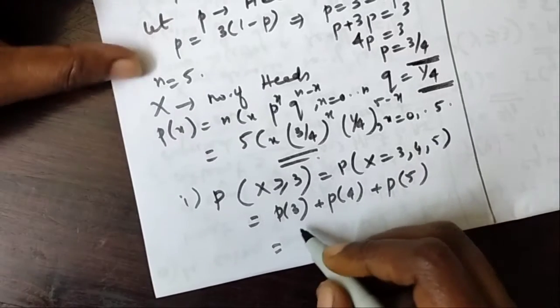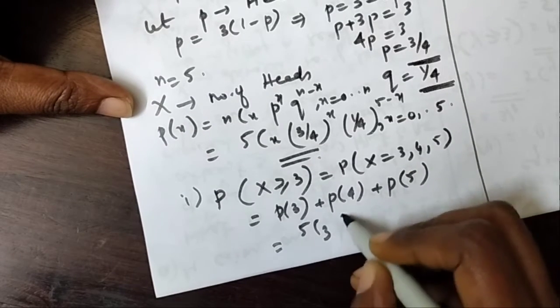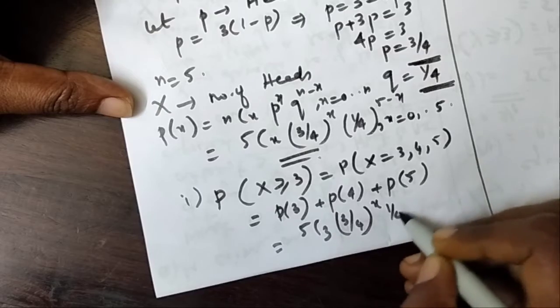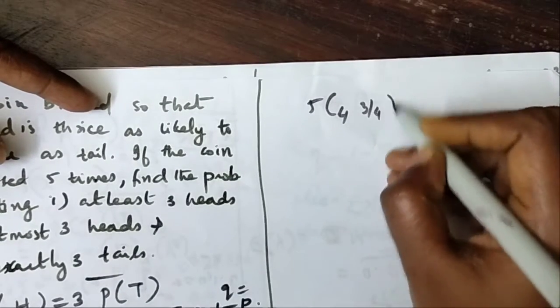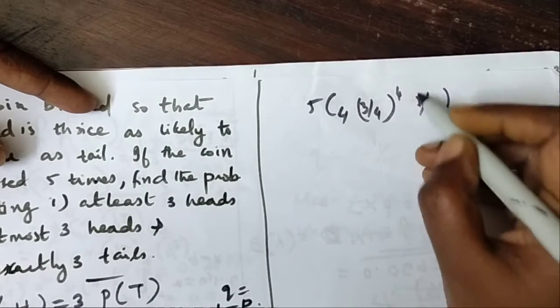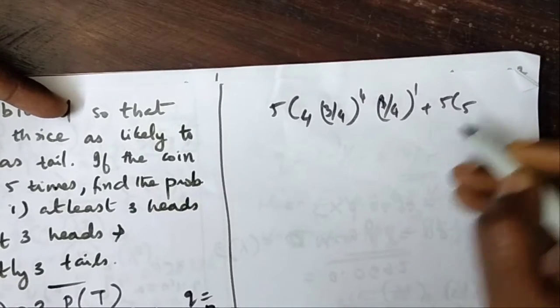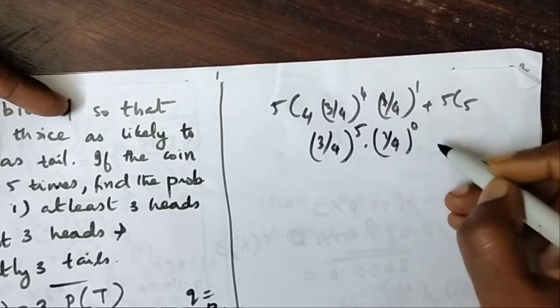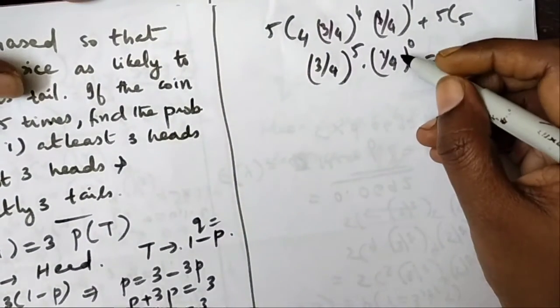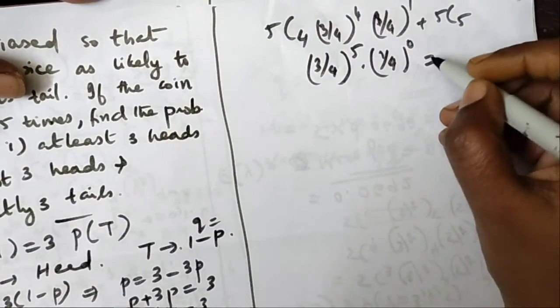P of 3 is 5C3 (3/4)^3 (1/4)^2, plus P of 4 is 5C4 (3/4)^4 (1/4)^1, plus 5C5 (3/4)^5 (1/4)^0. And if you add these probabilities, you will get the probability of at least 3 heads.